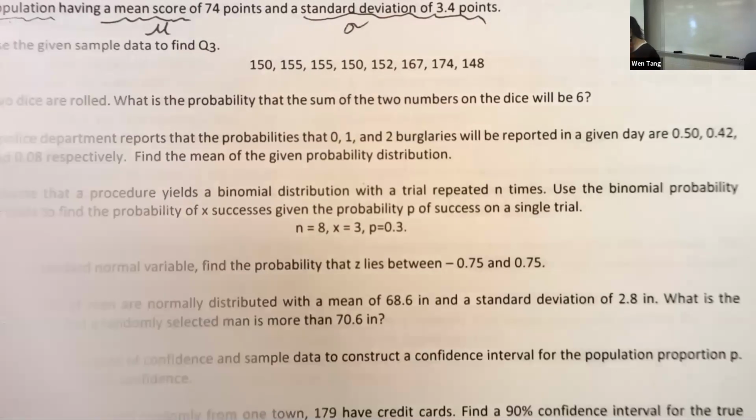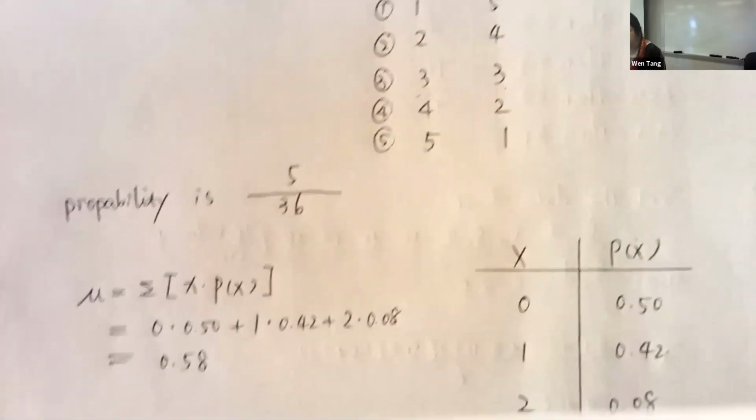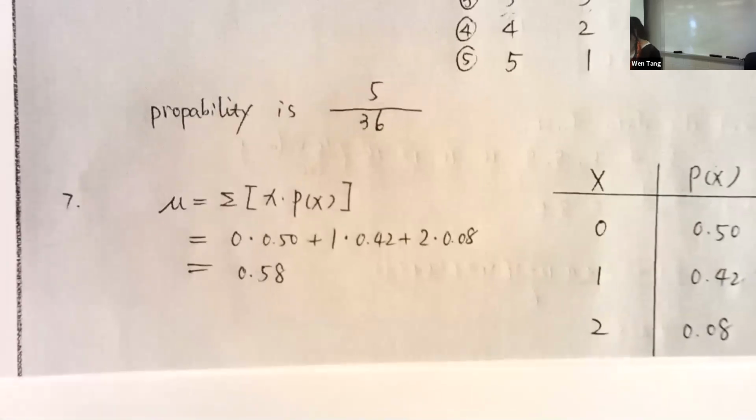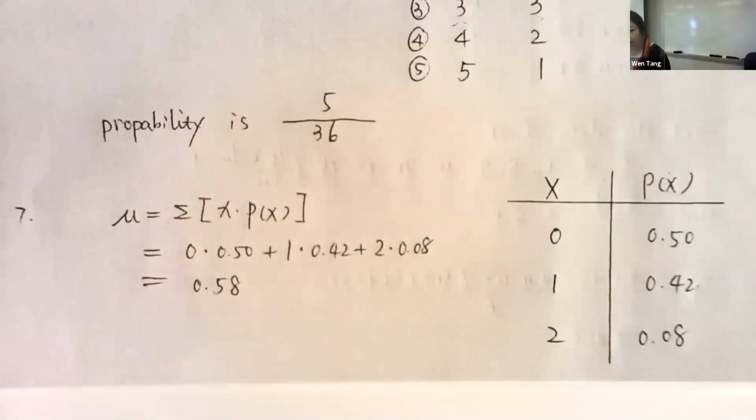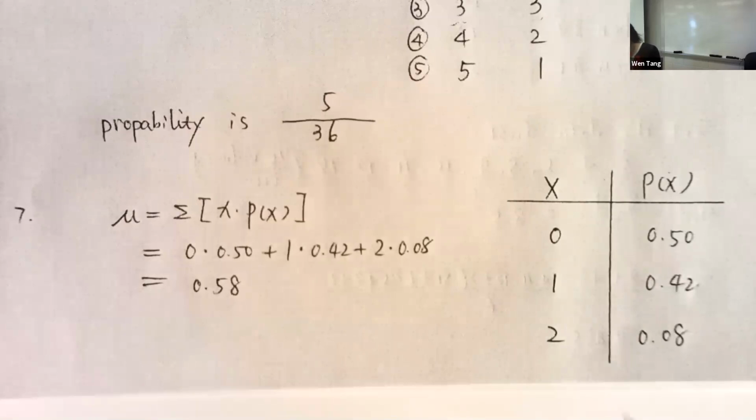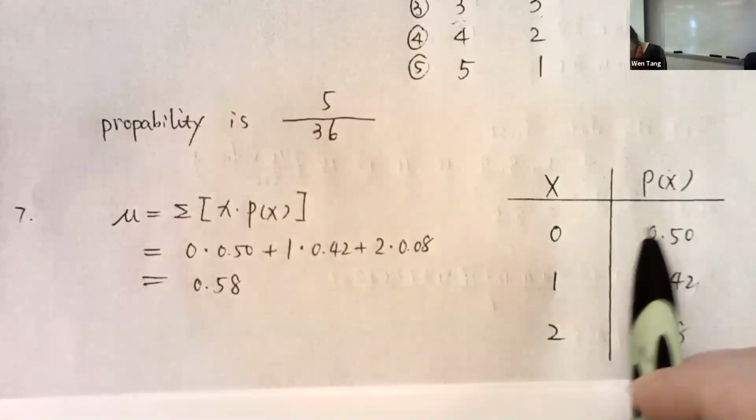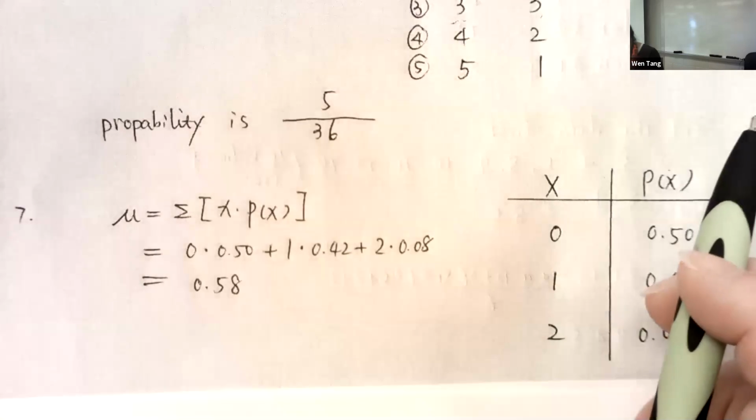Then you're going to use the formula to solve this problem. So number 7, let's check this one. First, we're going to use the information to list our table. This is the probability distribution.